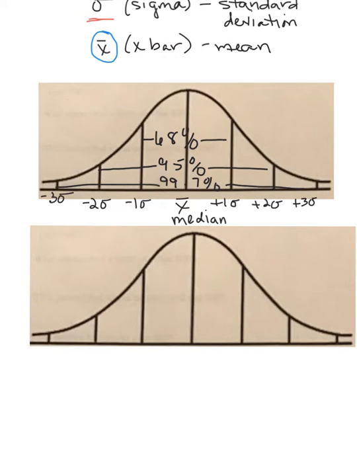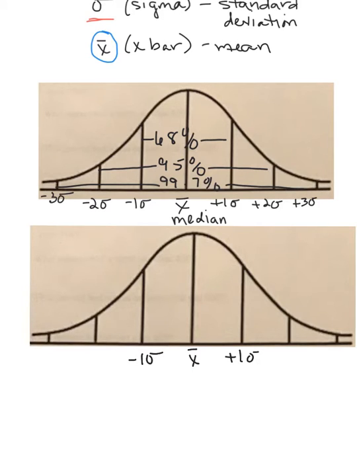Now that we know those percentages, I'm going to break them down a little bit more. Your textbooks don't usually do this, but I think it makes it much easier to work with a normal curve if you break them down a little bit more. Remember that we know that 68% of all the data lie between the ones.